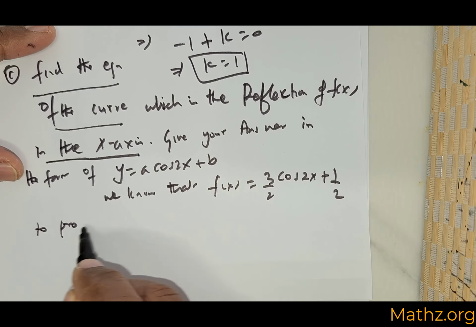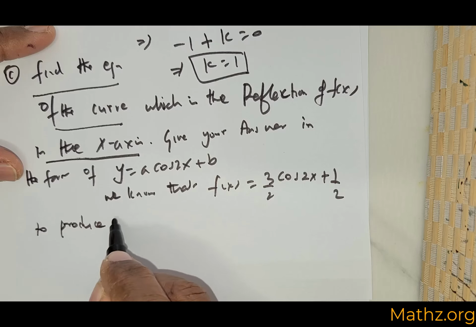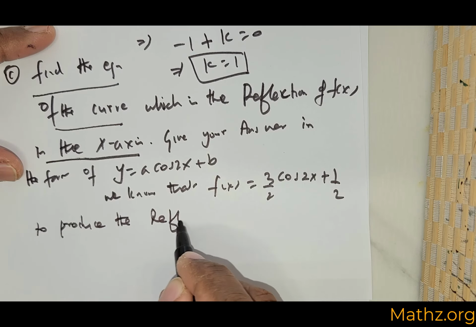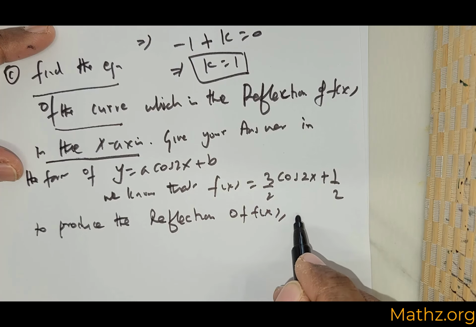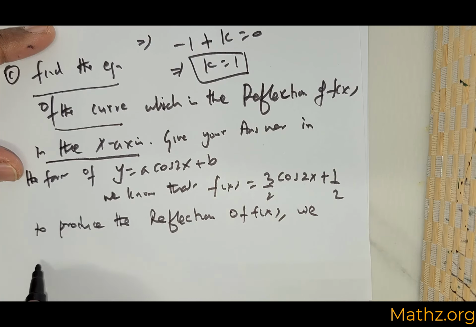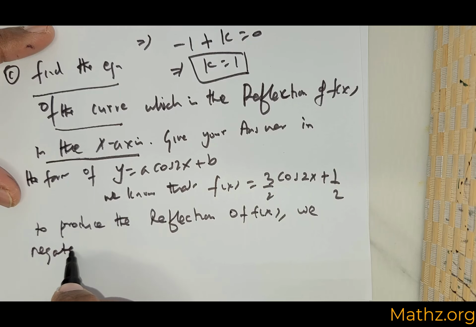To produce the reflection of f(x), we would have to negate f(x). So that's exactly what I'm writing here. We negate f(x).